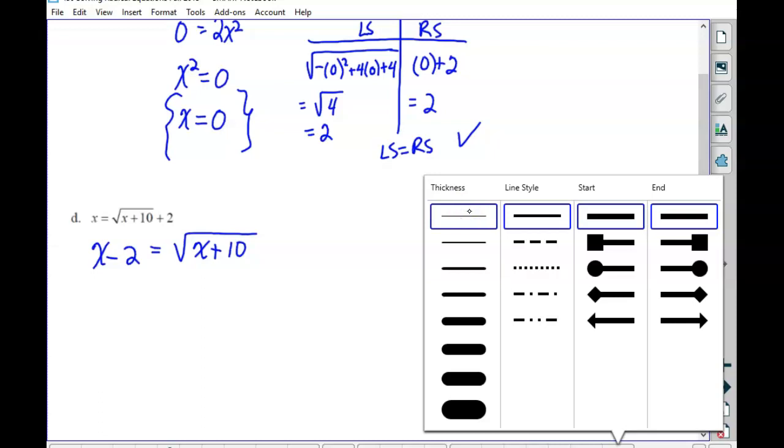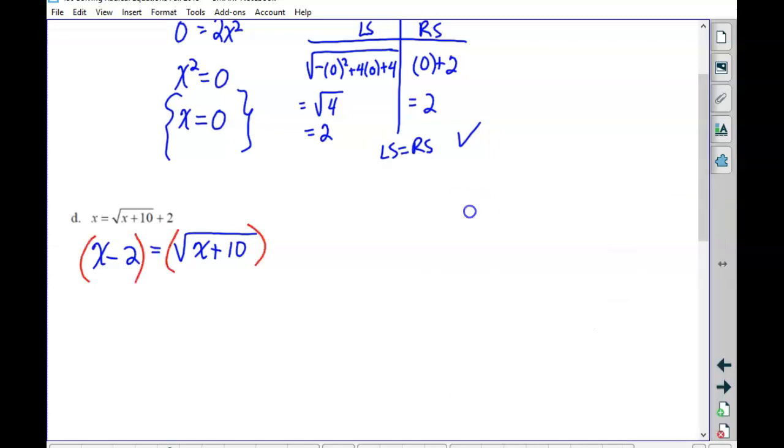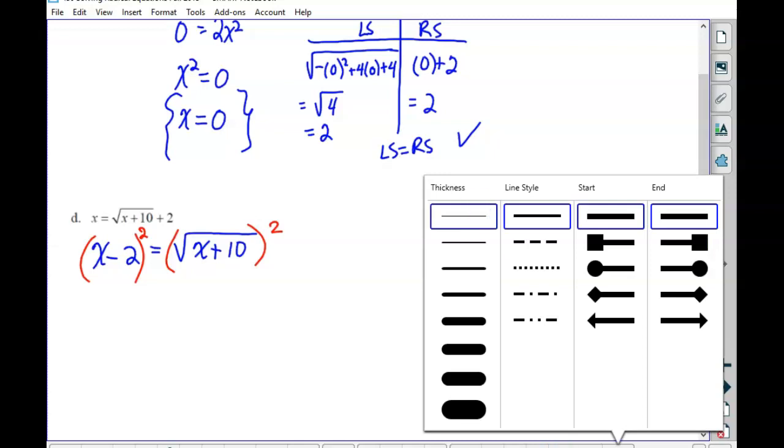If you squared this right away, you'd have two terms and you'd still have a radical, so you'd have to square again. So it's easier to get the radical by itself, and then there's only a possibility of introducing an extraneous solution once, rather than each time you square it.